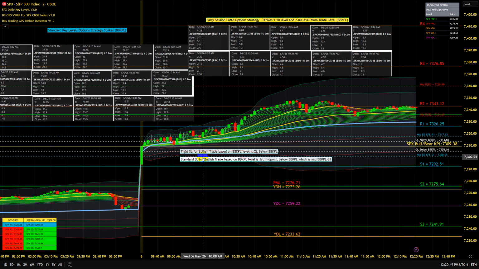$7.50. So to begin with, your initial entry stop loss is based on levels. Tight stop loss level or a standard stop loss level based on either a QL level or a midpoint level.